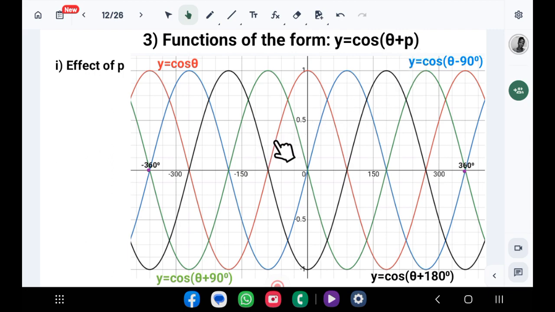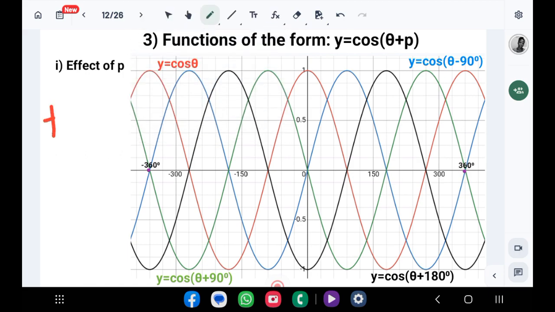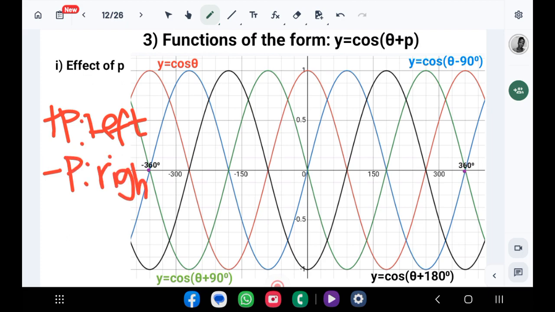When p is positive, we need to remember this: positive p means it's shifted to the left, and negative p means it's shifted to the right. Remember that they kind of go against logic. They go the opposite direction of what your mind automatically thinks when you think about minus and plus.